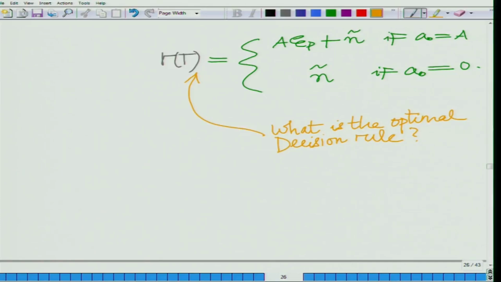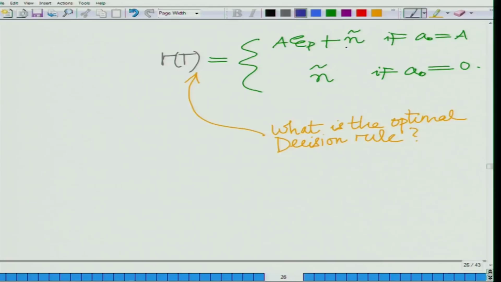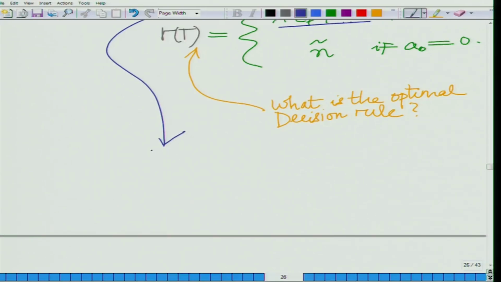Previously, the optimal decision rule, by symmetry, was based on the mean being shifted to minus A tilde and to plus A tilde. So, by symmetry the midpoint is the detection threshold, but here this is not symmetric. In the first scenario, R(T) is Gaussian with mean A E_p.